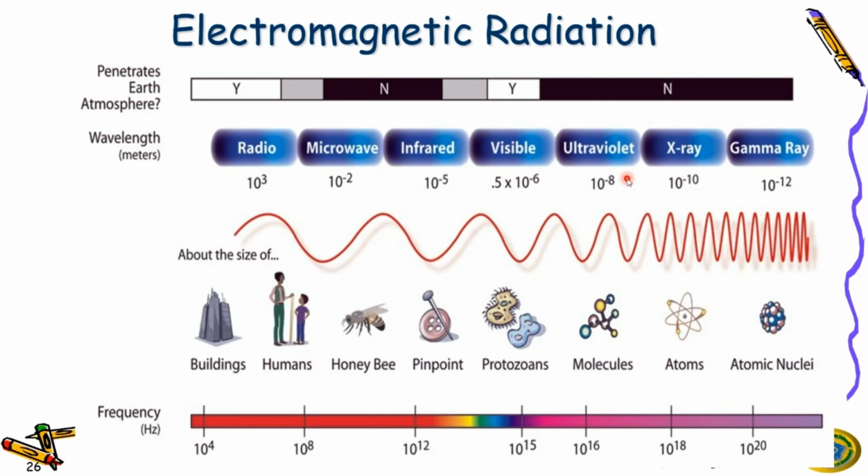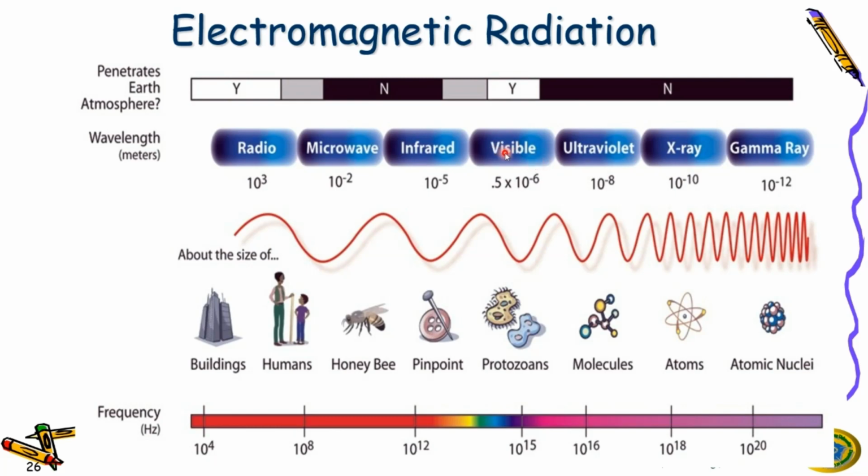So wavelength means length, right? So the dimension will be length, and in this case we use meters. The wavelength of X-ray is around 10 to the power of minus 10 meters, or less. You know the spectrum: radio, microwave, infrared, visible. The wavelength of visible light is between 400 nanometers and 700 nanometers, right?